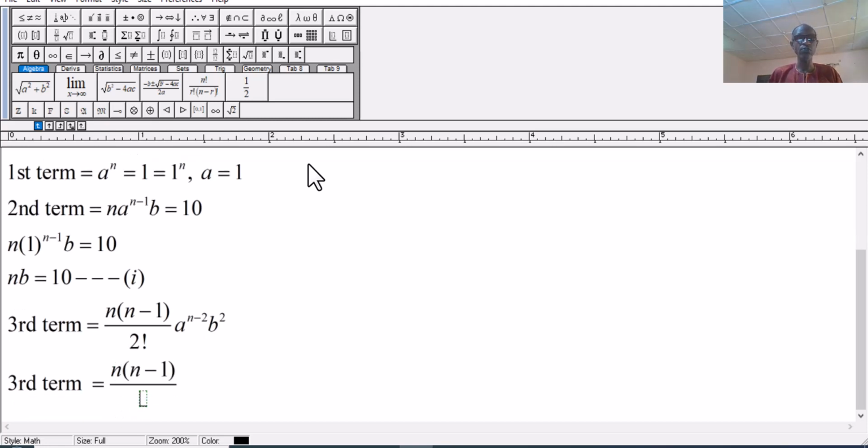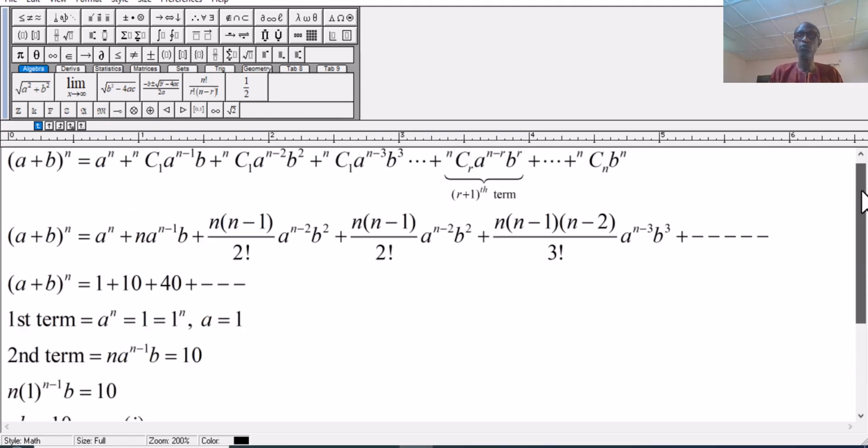We don't know the value for n. 2 factorial is 2. Our a is 1 raised to n minus 2, then b squared. That particular term is equal to 40 from the question, which gave us the first term, second term, and third term.